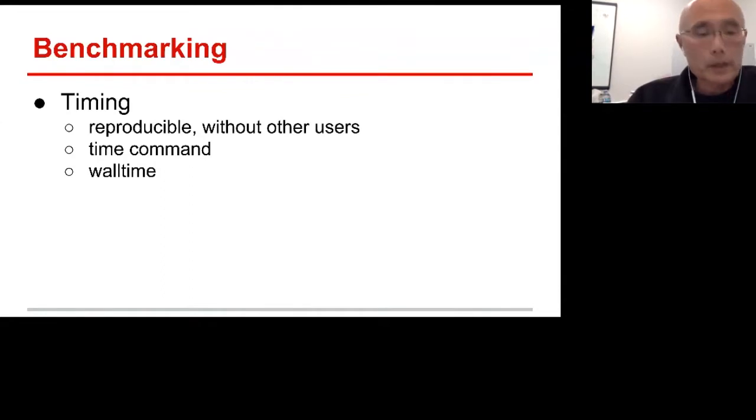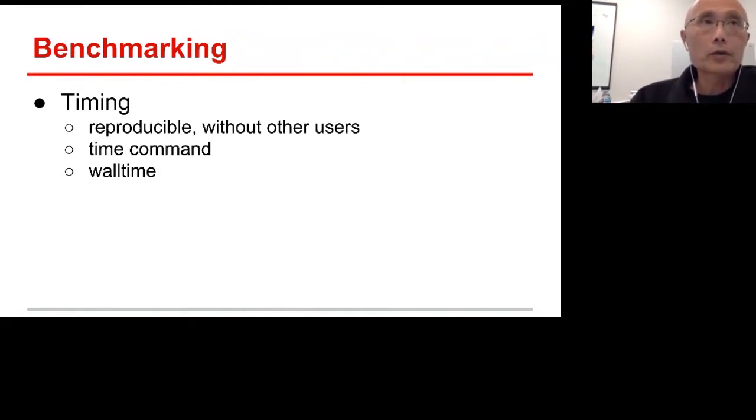One of the important things when you're running parallel programs is that you have to do some benchmarking to know how many cores you should be using, because not all parallel programs scale well. So I want to talk a little bit about timing your programs. And when you do timing experiments, it has to be reproducible.